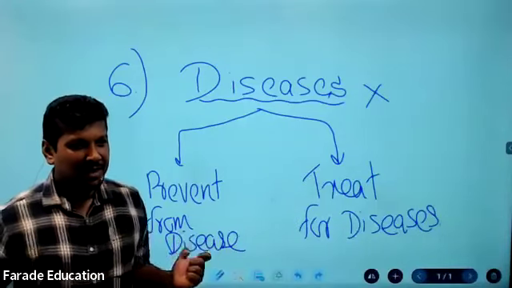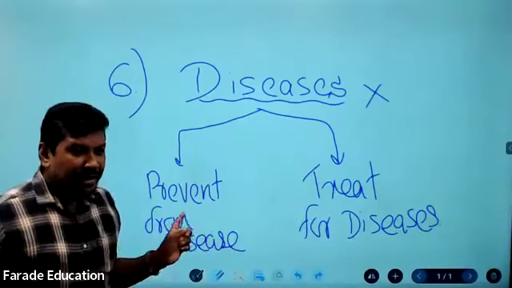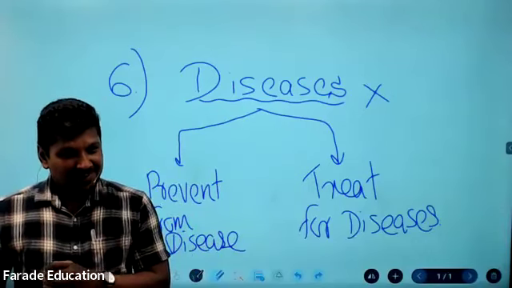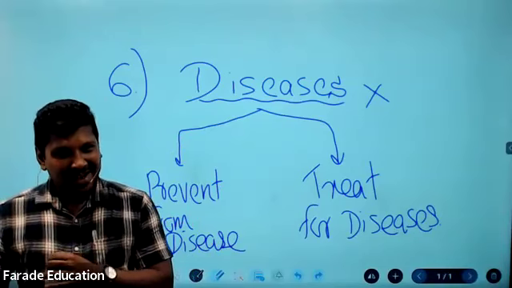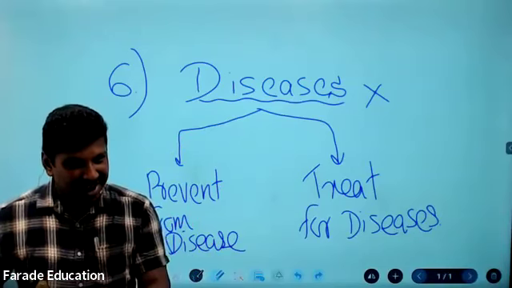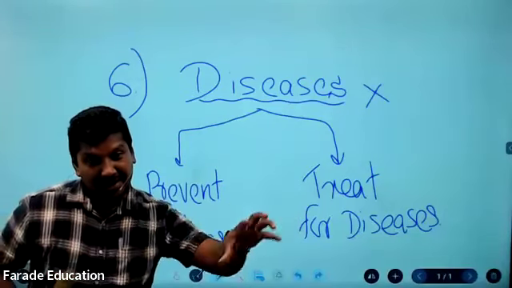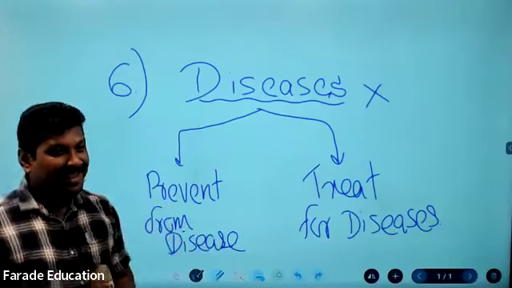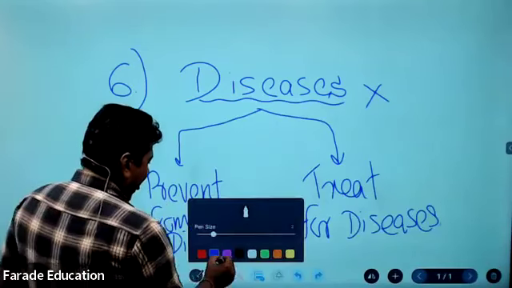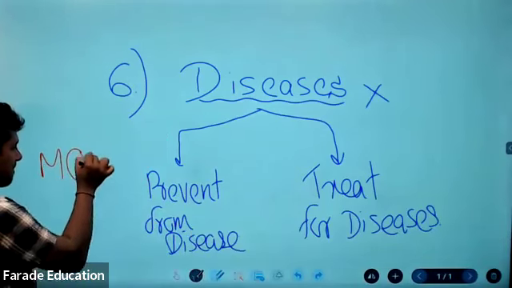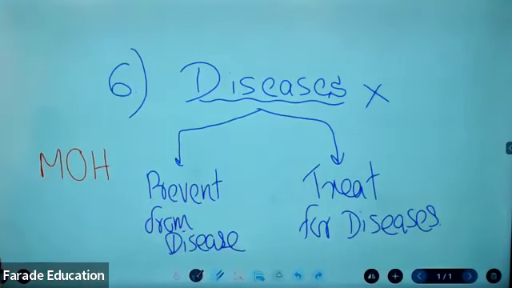Have you heard of the doctor who is responsible for prevention? Every house in Sri Lanka is under his control in the prevention part. Have you heard of this person? MOH. Who is MOH?